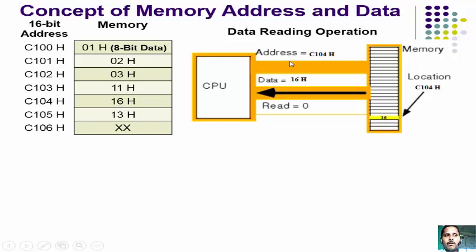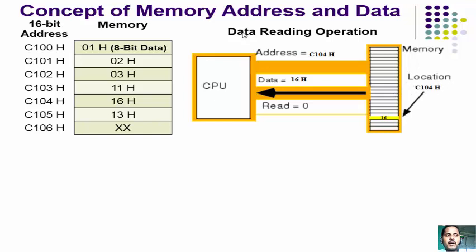Now on the 16-bit address lines we have C104, and on this particular C104, 16 is available, so this 16 gets fetched or read by the CPU and gets stored in the register. With the help of the read signal, the CPU will read the data available in the memory where the address is C104.